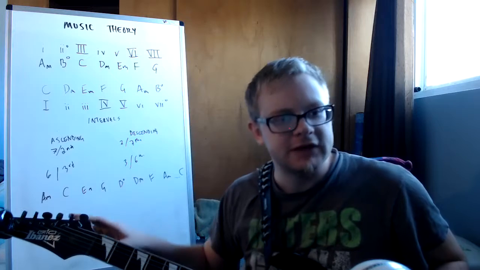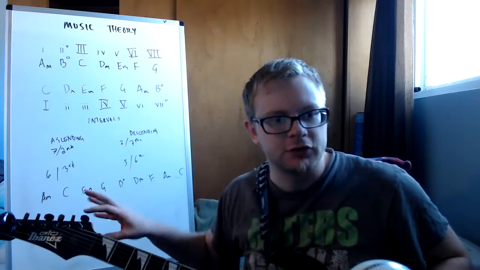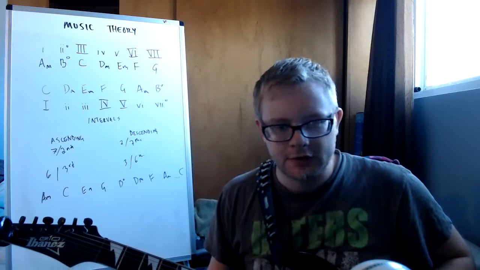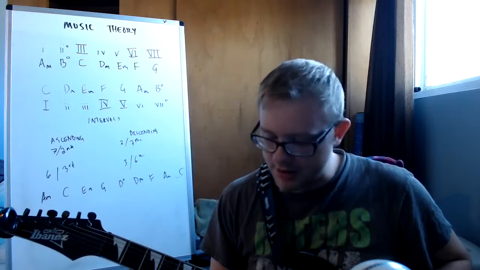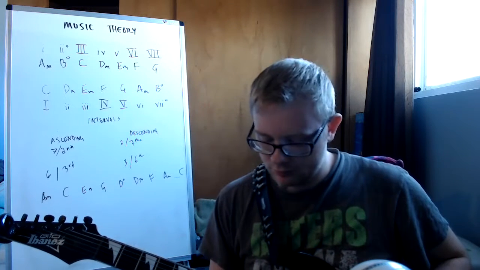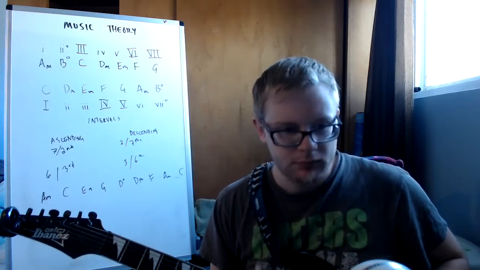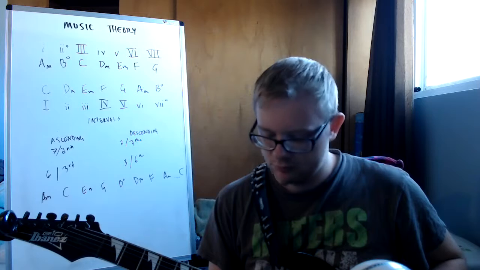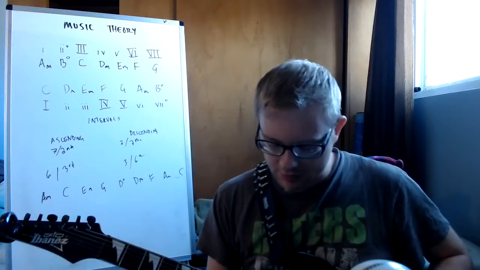Works very well. To ascend in thirds works perfectly fine. You can make chord progressions like this, and we could do the same thing descending, starting from the A minor going backwards, and that works very well.